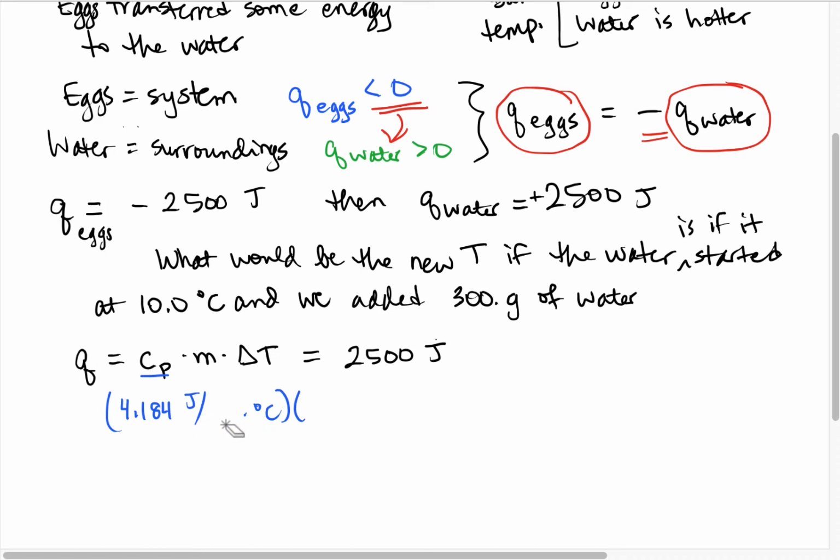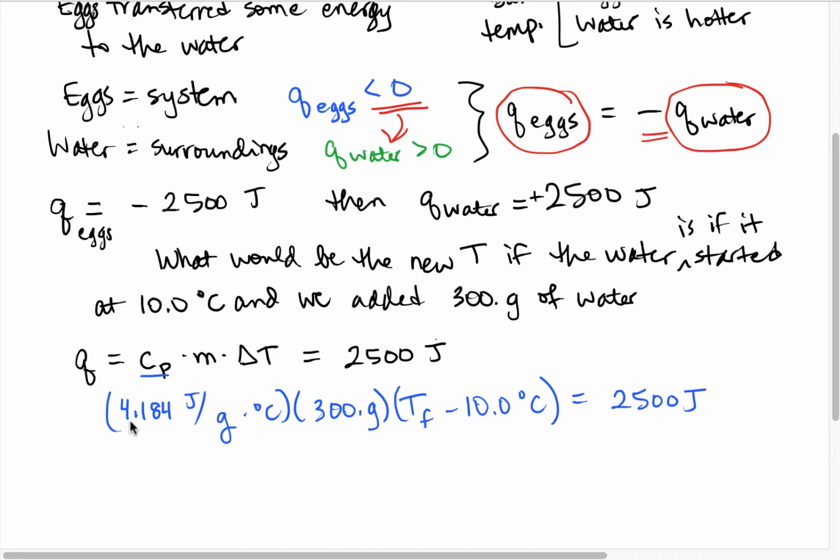The mass is 300 grams. And then our temperature, we know that delta T is really T final minus T initial. And T initial is 10 degrees Celsius.